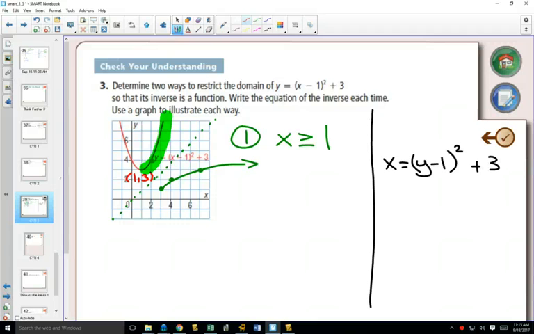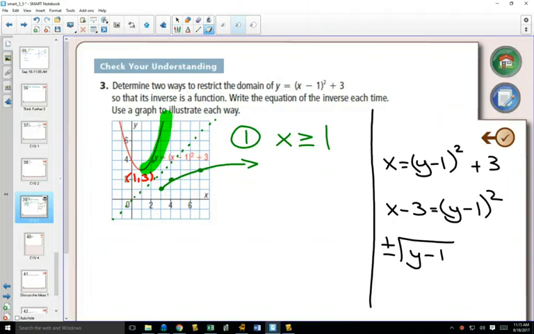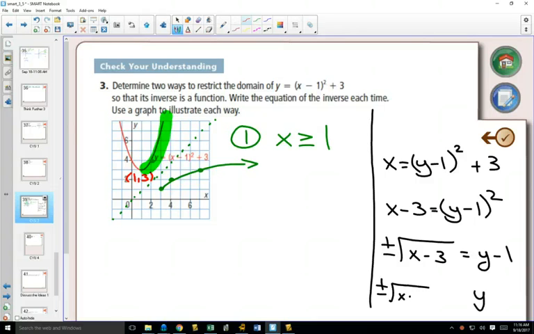And if I wanted to solve for y, I'd have to subtract 3 on both sides, square root, and whenever you square root both sides, you're going to have to remember the plus or minus. Oops. You don't need to do it on the (y minus 1) squared. X minus 3. You just do it on the one side. You're right. And then finally, we can get y by itself by adding 1 to both sides.